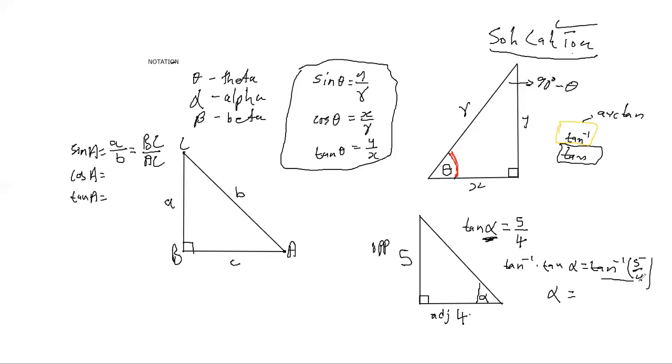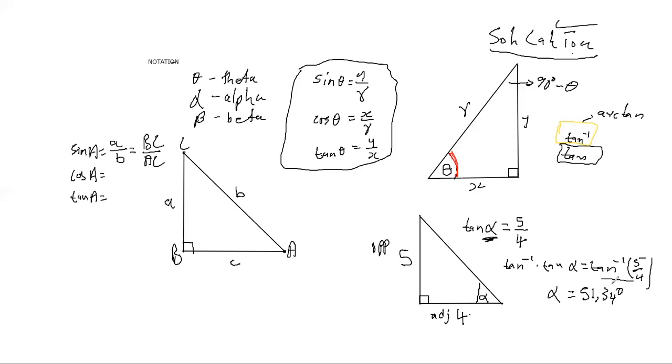And if you punch this in your calculator, I have mine here. I'm going to go ahead, Shift, then press the tan button, and then I'm going to do 5/4. And guess what I get? I will round this to 2 decimal places. I get 51.34.